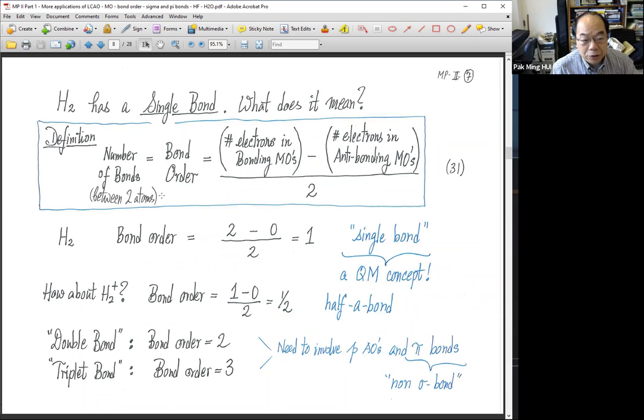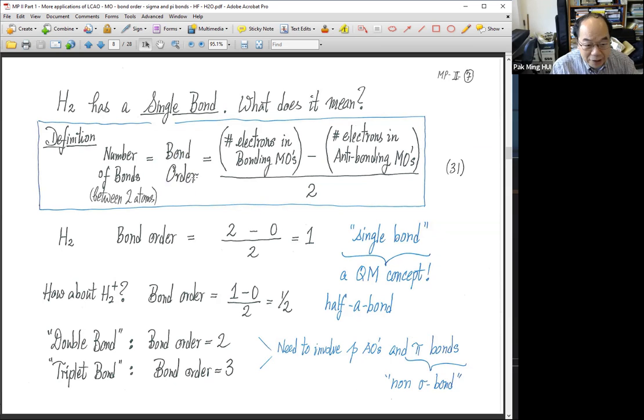H2, as you know, has a single bond and is covalent in character because the electrons tend to spend appreciable probability in the middle between 2 nuclei. So the first concept today is to define what is called the bond order. If it is 1, it is called a single bond. If it is 2, it is called a double bond. It could be 0.5, then you have half a bond.